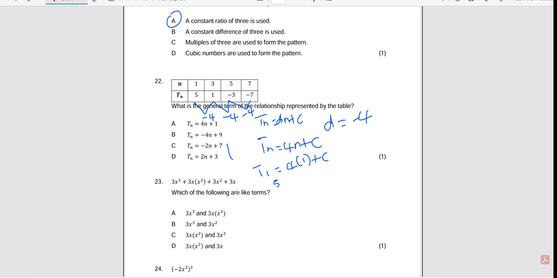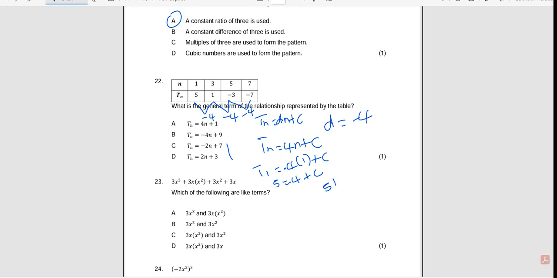So here it is 5 equals -4 times 1, it is -4, plus C. I'll take this -4 to the other side.